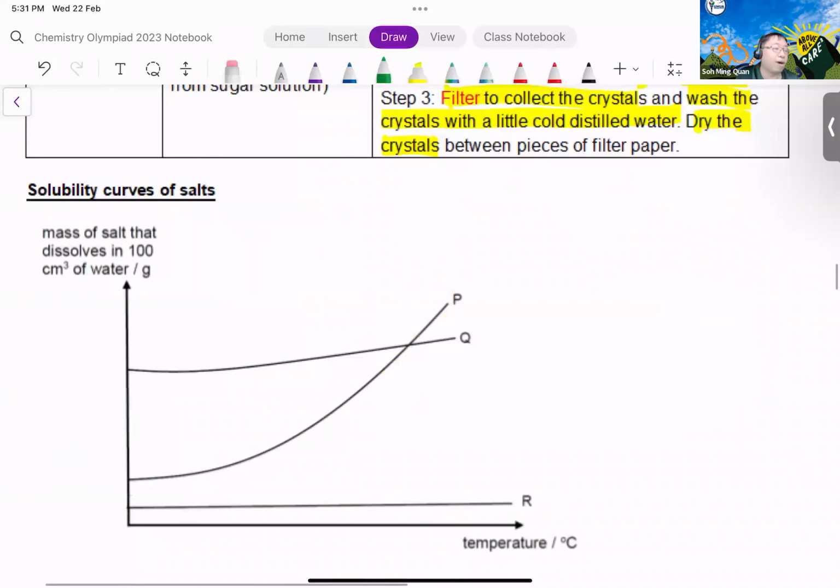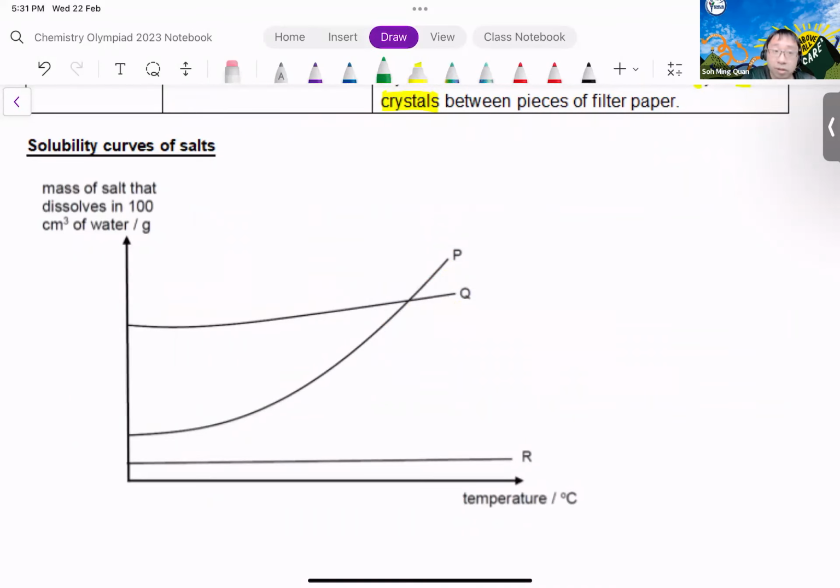So let's go to the graph at the bottom. You will see this in your MCQs if you look at other schools' pure chem MCQ papers. This is what we call a solubility curve. Immediately you see something important. Solubility refers to the mass of the compound that can dissolve in a fixed volume of water. So if you notice, the solubility changes with temperature.